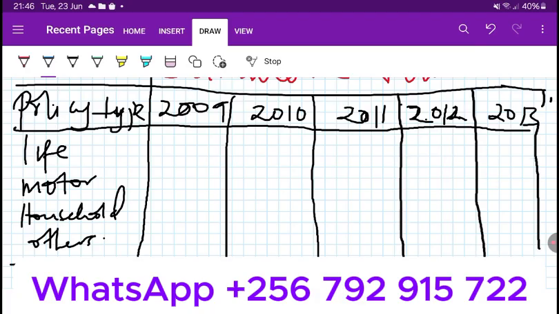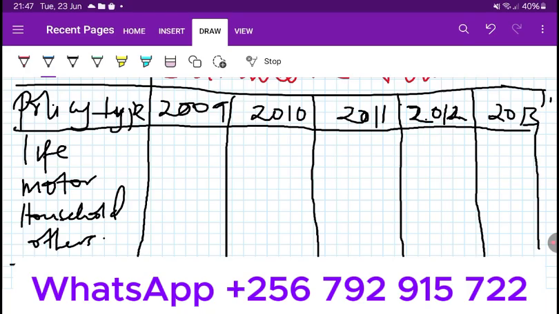For me, I may say that I'm going to make my policy type the bottom line, on the horizontal axis, because they have not set a question for us. Or we can use the same question they gave us, whereby the horizontal axis is going to have years.